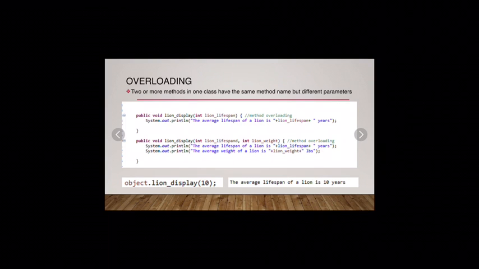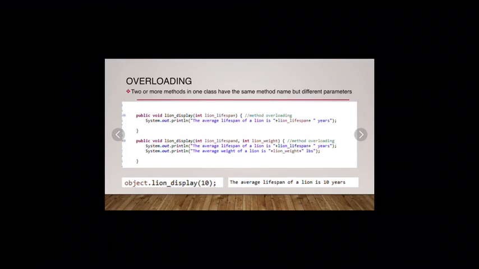So let's say that you are instantiating the lion class and you are using the object to call lion display. Let's put it into the first scenario so that you understand this concept.